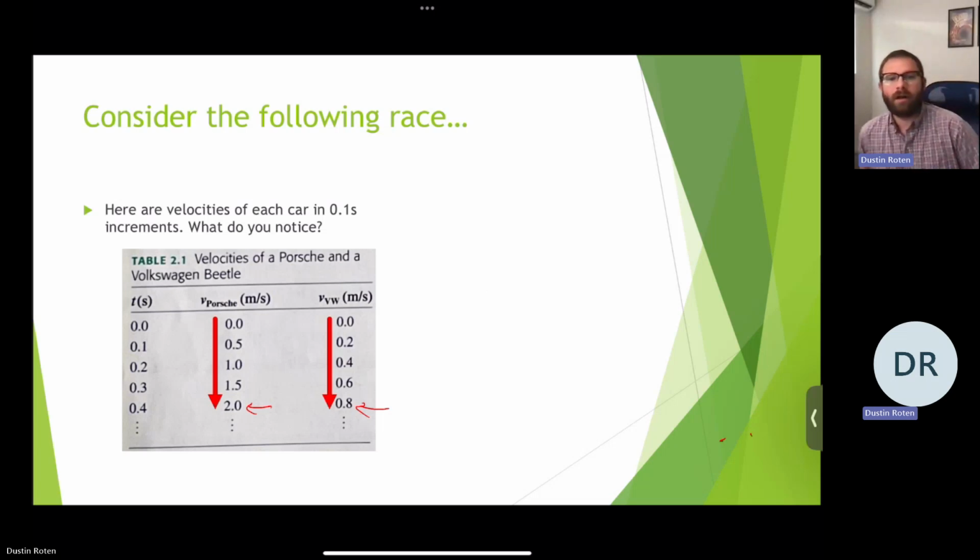It's not even up to a meter per second yet. So clearly they're both on their way to 30 meters per second, but the Porsche is getting there much quicker than the Volkswagen Beetle.